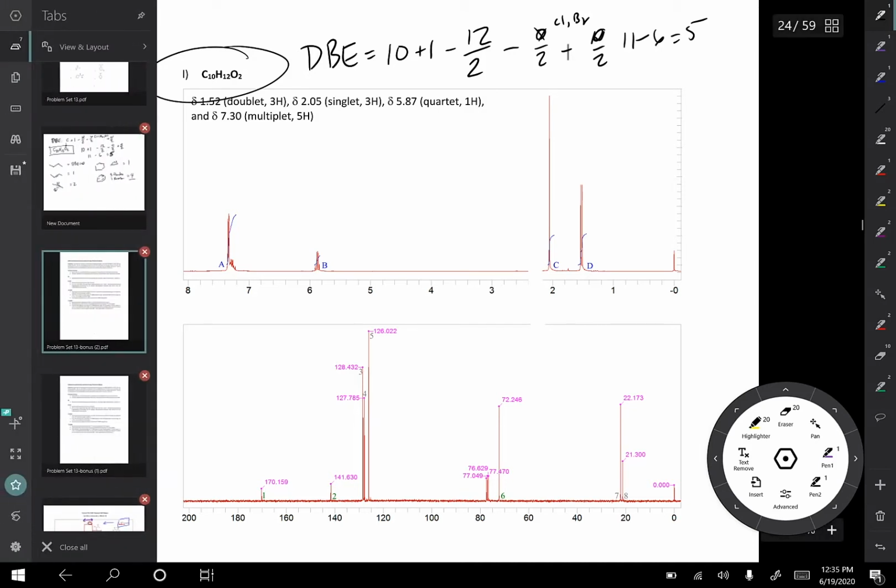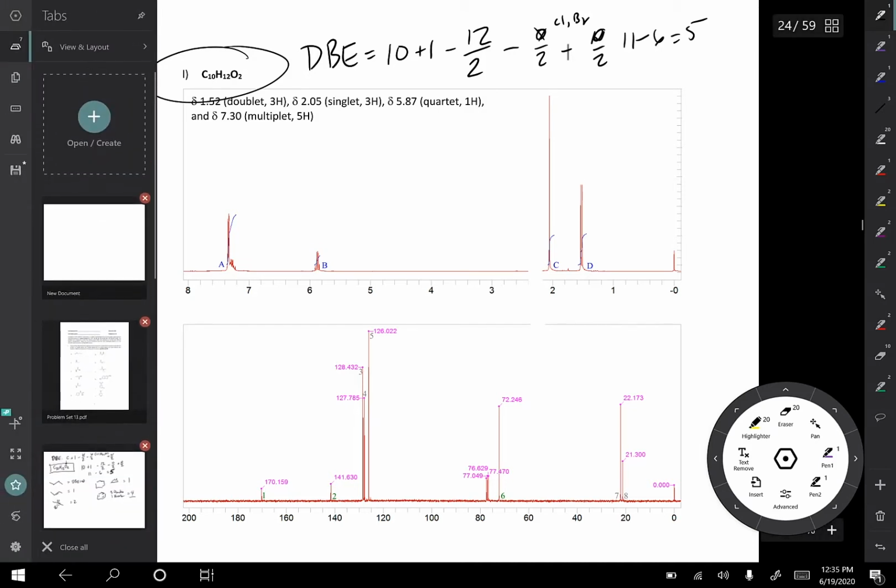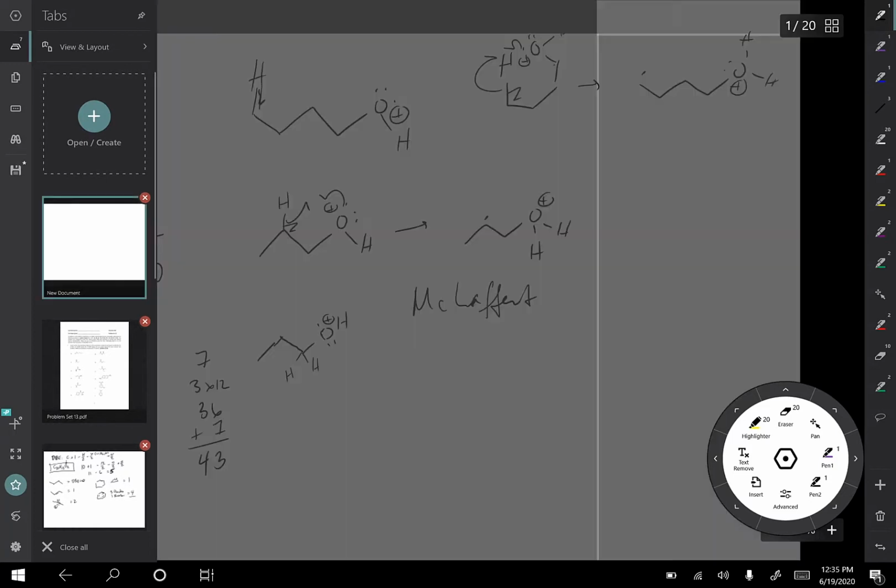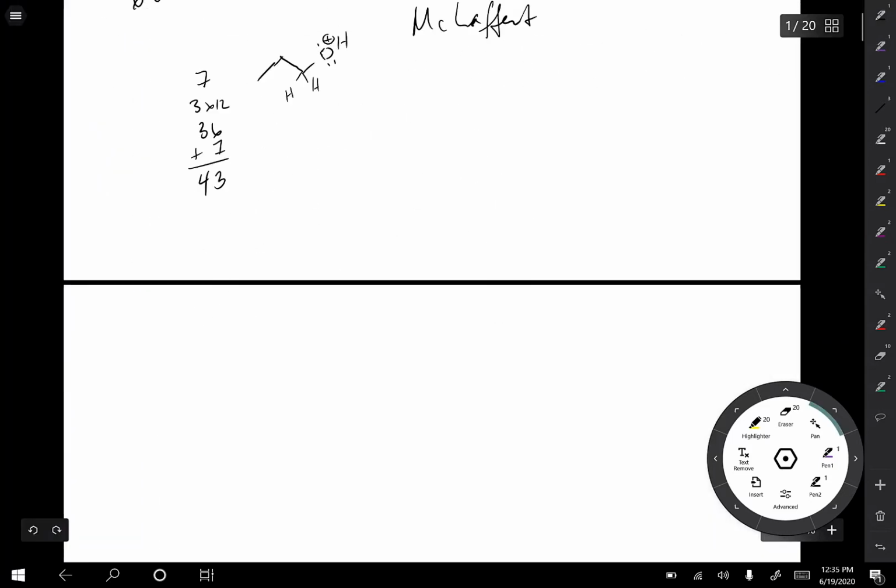What the heck does 5 mean? I want to say this because I saw a couple questions in my office hours about this. So double bond equivalence, when you have, let's say you just have one, this can be a double bond or a ring.